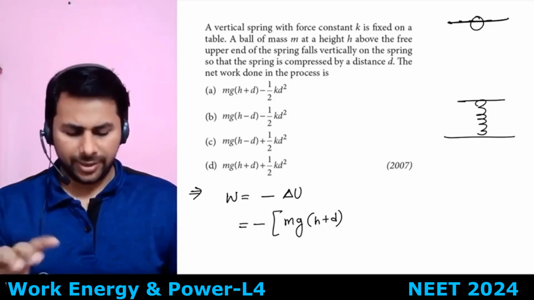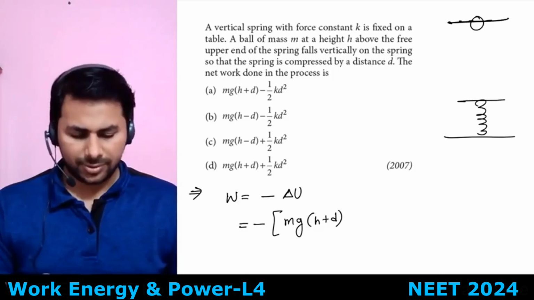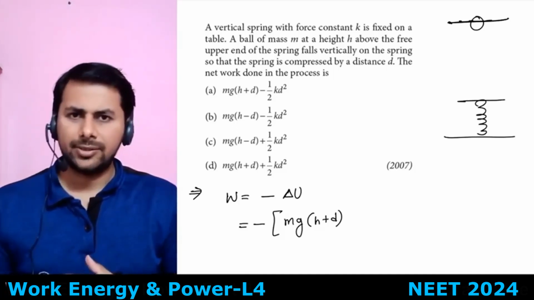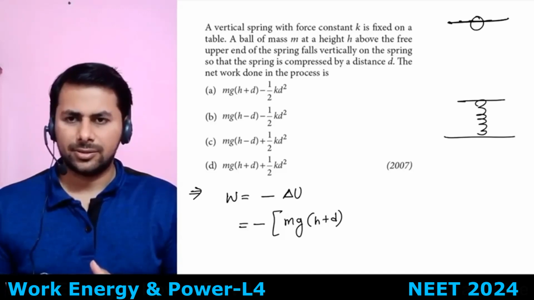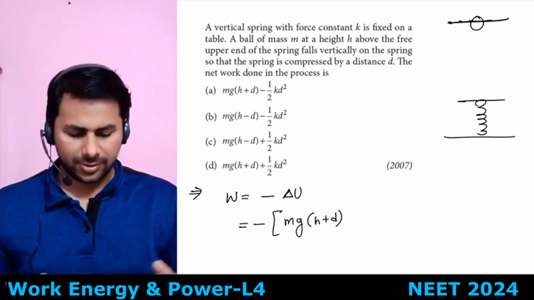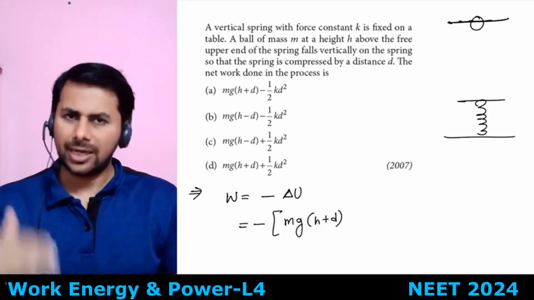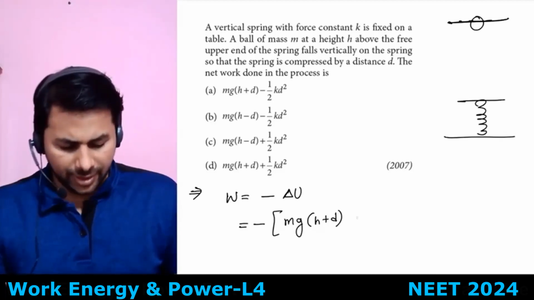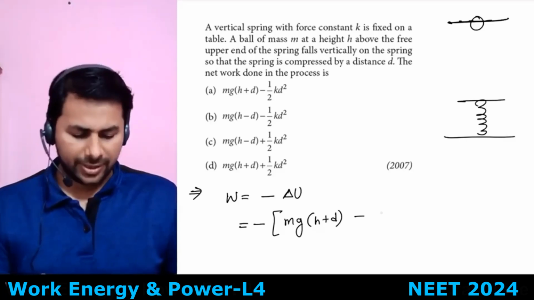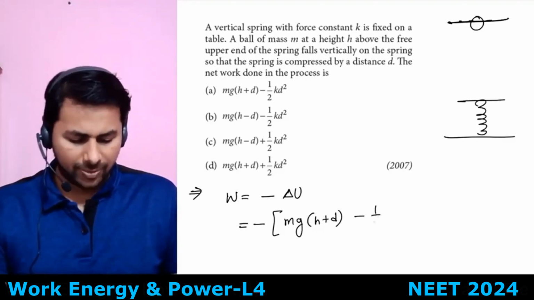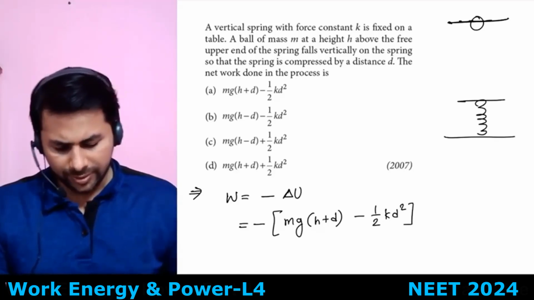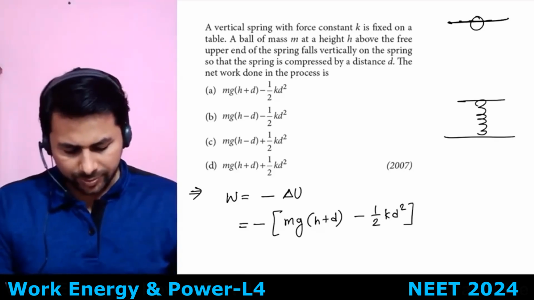For the spring, initially 0, right? Then final is half kd square. So initial minus final is minus of half of kd square.